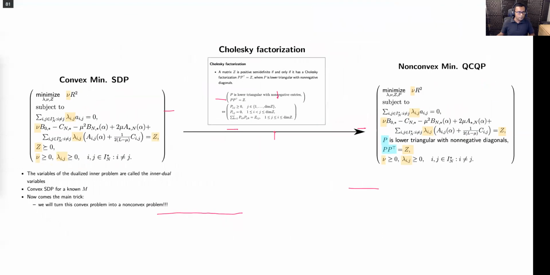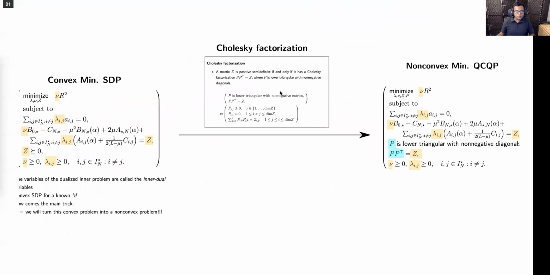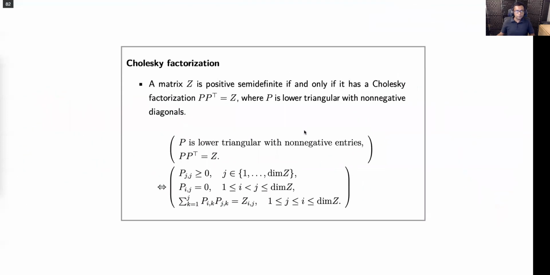Okay. So to that goal, we are going to use the Cholesky decomposition. A matrix Z is positive semi-definite if and only if it has a Cholesky factorization Z equal to PP transpose, where P is lower triangular with non-negative diagonals.